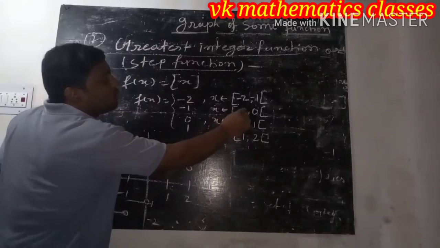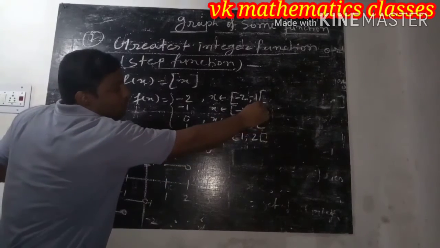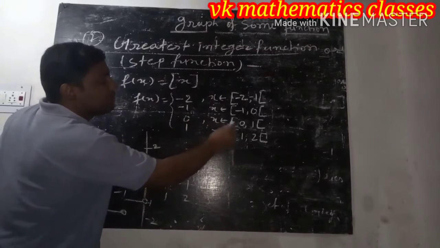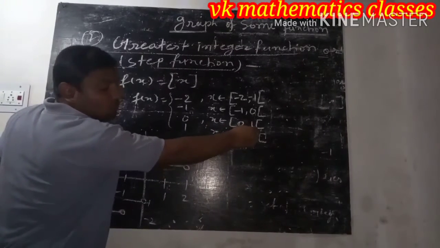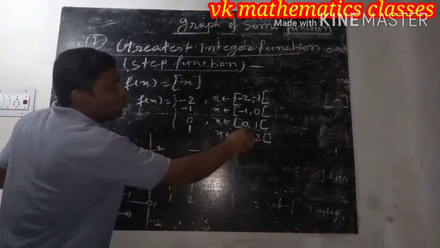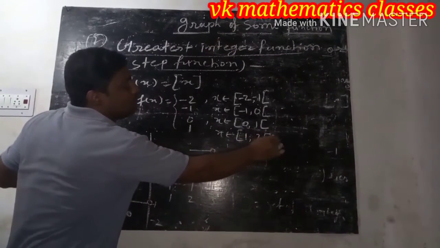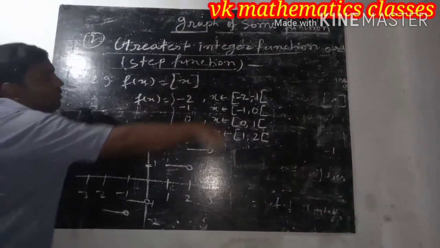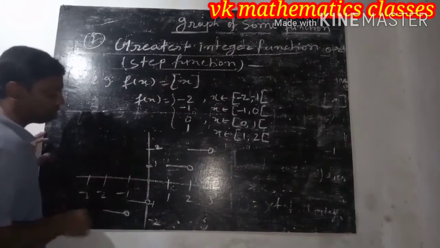For -1, x belongs to [-1, 0), not including 0. For 0, x belongs to [0, 1), but not 1. If we take 1, x belongs to [1, 2), not 2. Now the graph of this function is plotted here.